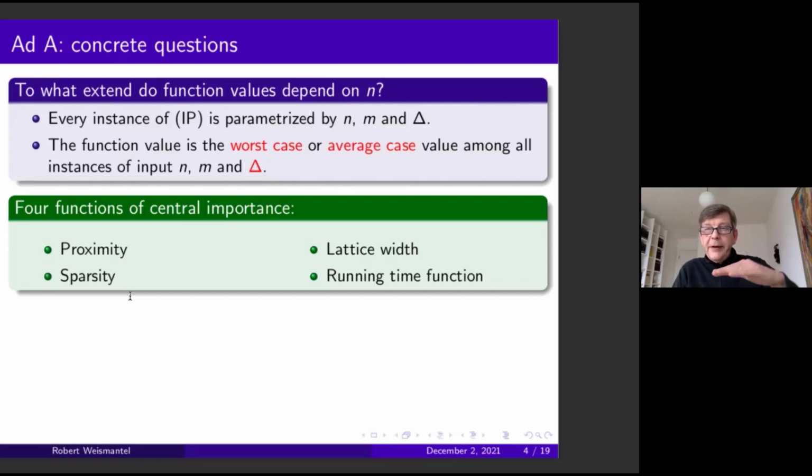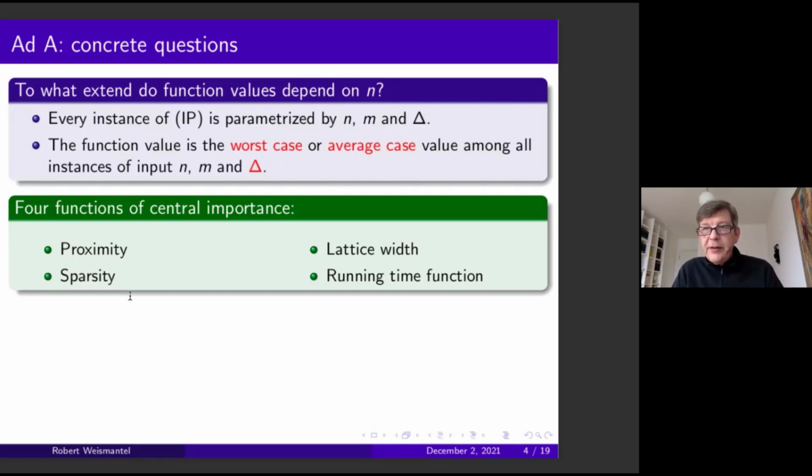Sparsity makes particularly much sense in the case of a standard form IP. So again, standard form means you have equations Ax = b, you have non-negativity on the variables, and now you ask yourself, given an optimal integer solution, how sparse is this solution? So how many non-zero entries do we have? Another super interesting parameter in this context is the lattice width.